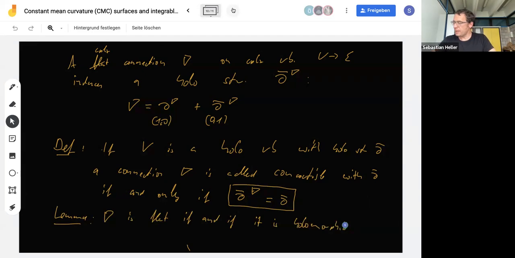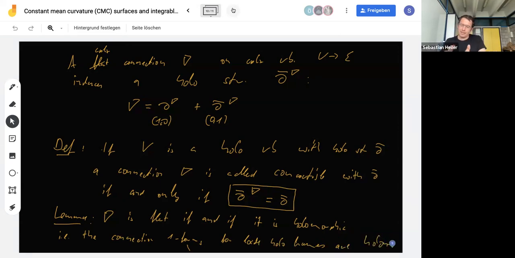meaning that the connection 1 forms for local holomorphic frames are holomorphic.